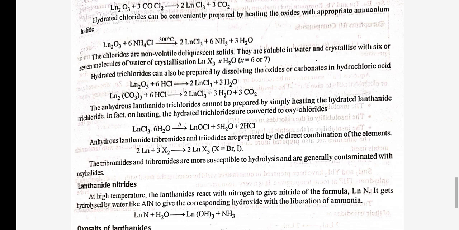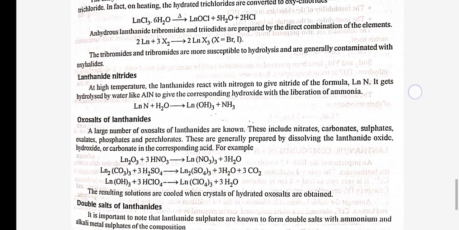The anhydrous lanthanide trichlorides cannot be prepared by simply heating the hydrated lanthanide trichloride. In fact, on heating, the hydrated trichlorides are converted to oxychlorides. The tribromides are more susceptible to hydrolysis and generally contaminated with the oxyhalides.